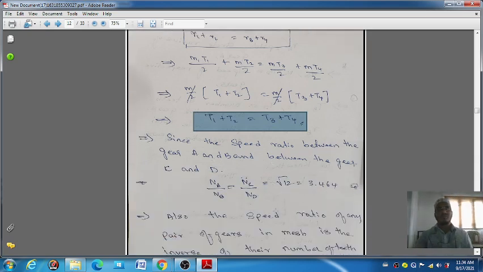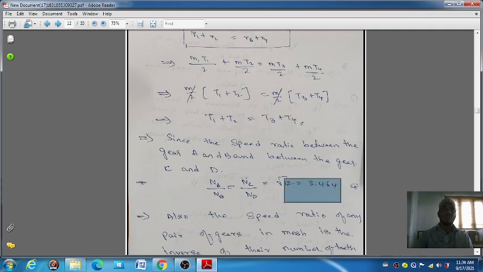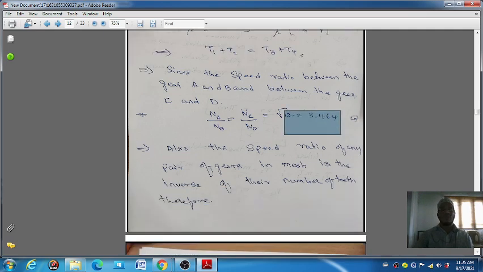Next, we know the speed ratio formula: NA by NB is equal to NC by ND. The speed ratio is given as 12. In terms of this relation, we have to take the square root as well. Substituting the square root of 12 in the calculation, you get 3.464.